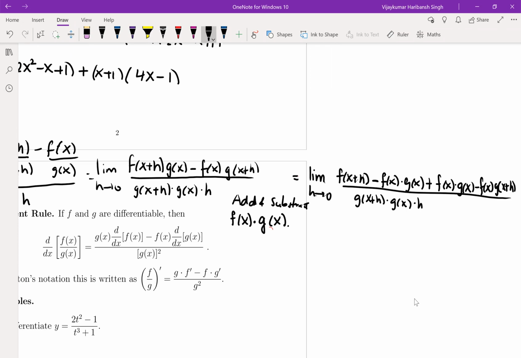Now I'll do the same thing. I will distribute the h. The limit as h goes to 0. Here there's g of x missing. I'll take g of x common from the first one. So I get g of x in bracket f of x plus h minus f of x.